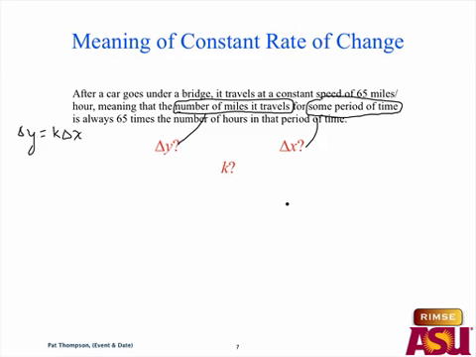And then what is k? According to the statement, the number of miles traveled is 65 times the number of hours, or some period of time. So, should we switch delta y and delta x?